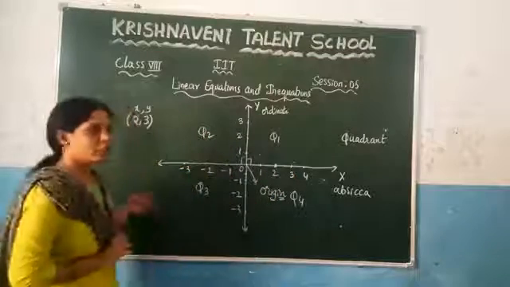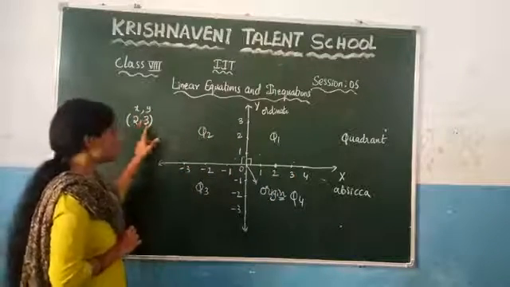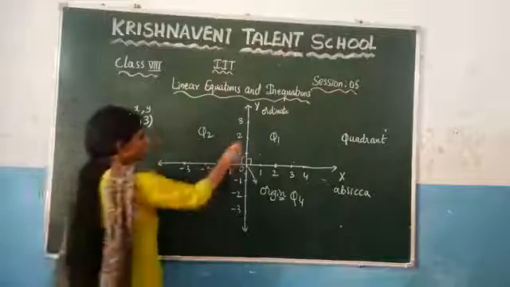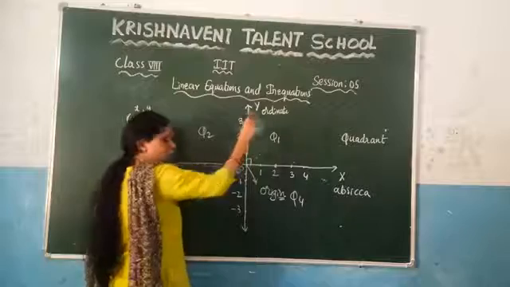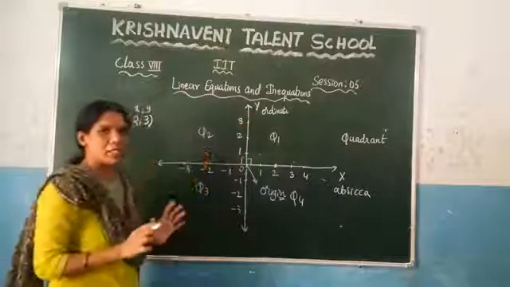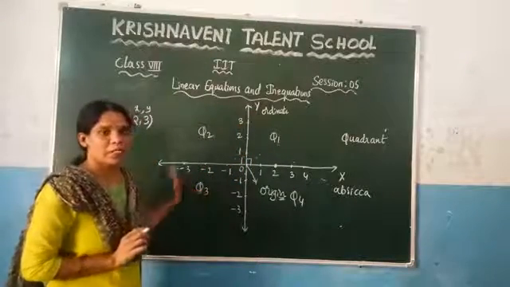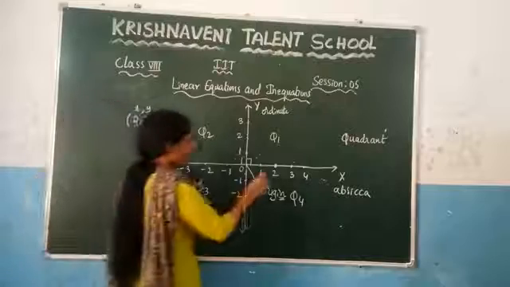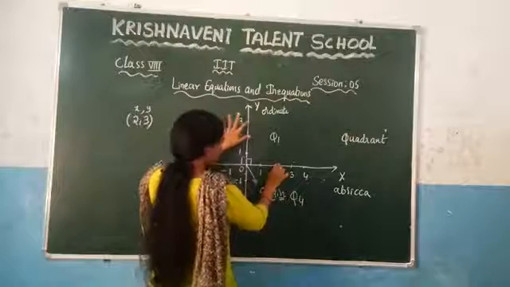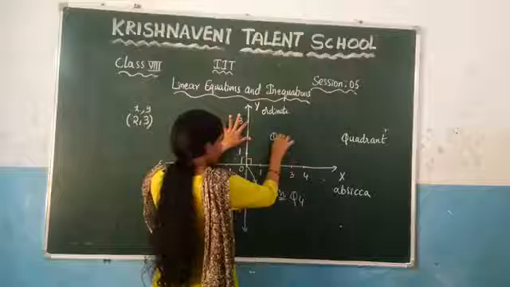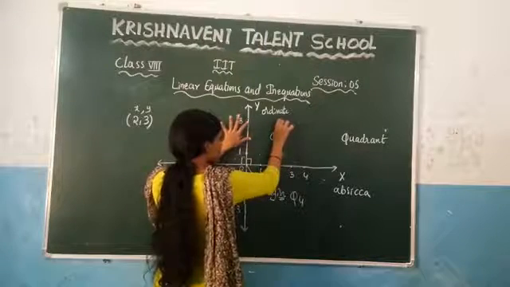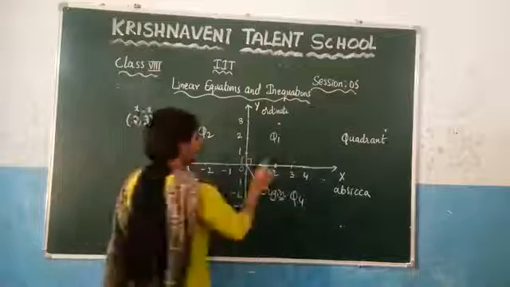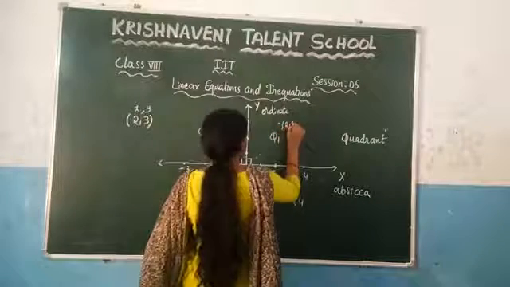And after that you need to check in the y-axis where 3 is located. So here this is the y-axis and you know that this is 3. Now you need to check where these 2 points intersect. That point is nothing but (2, 3). Here this is 2 and this is 3. If you go like this and like this, the lines intersect at this point, and that will be the point (2, 3).